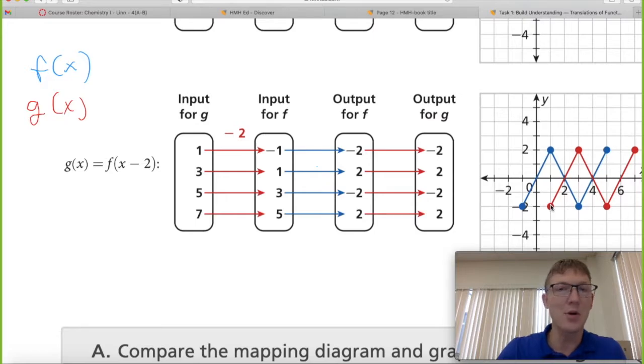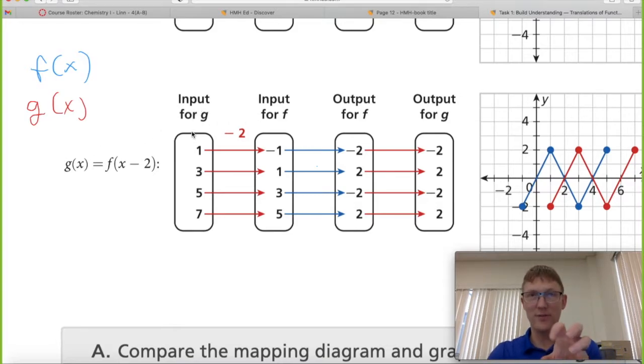That might be counterintuitive, but that all has to do with how the inside mechanics of the different functions work. So if we're inputting something for f, and we want that to be equal to the g of x, we would have to change the x value essentially before it goes in through the function.